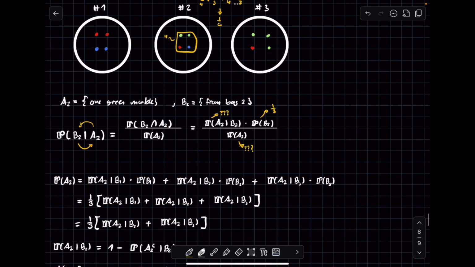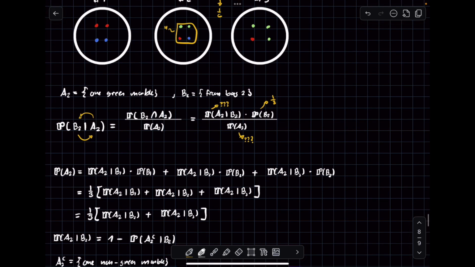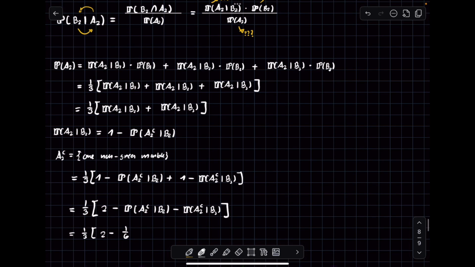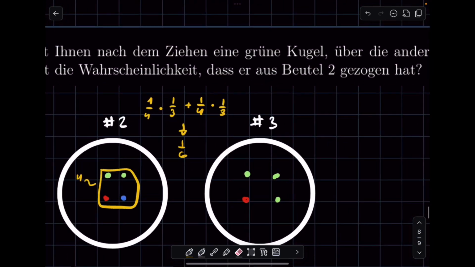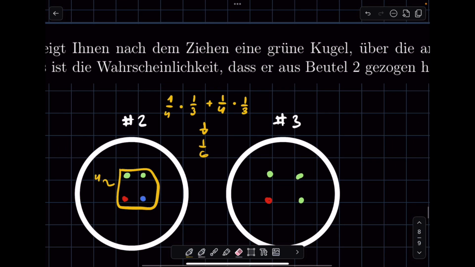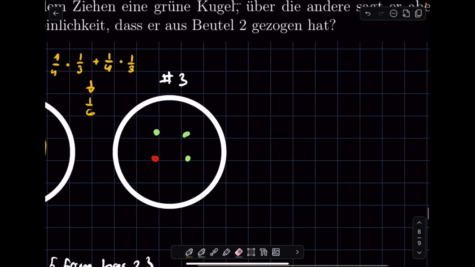Now in this case, the complement is that we get no green marble. This is more likely. So in this case, the complement would be non-green marble. So if we want to work in bag number 3, and we have 2 draws, we will always get a green marble, right?